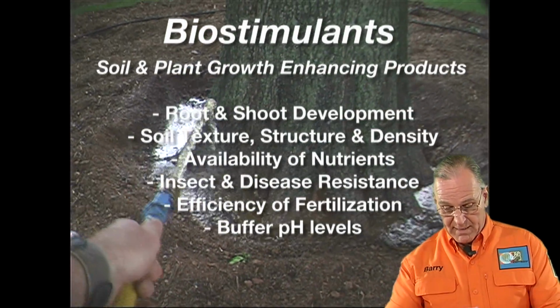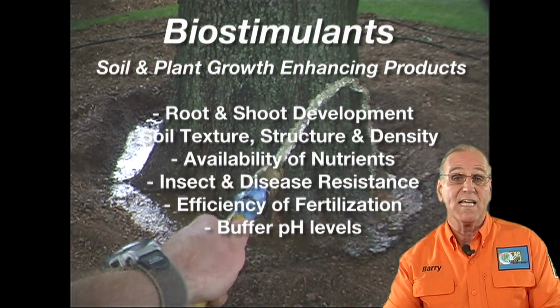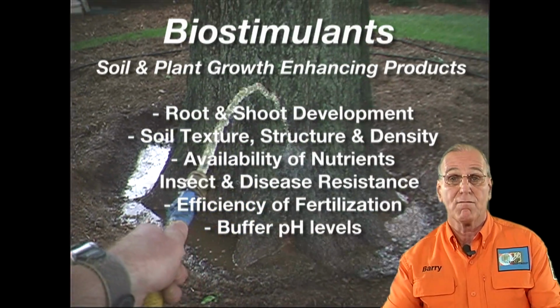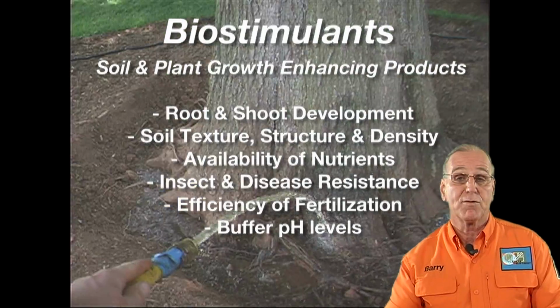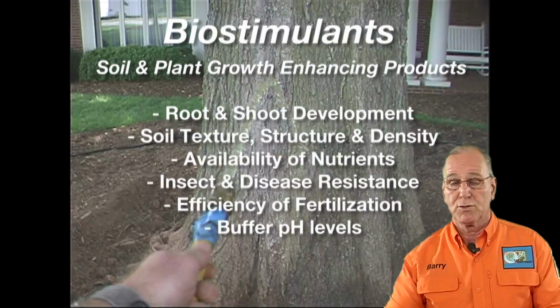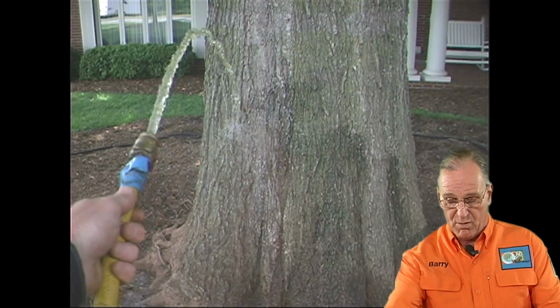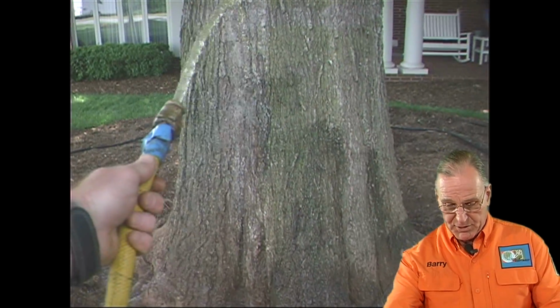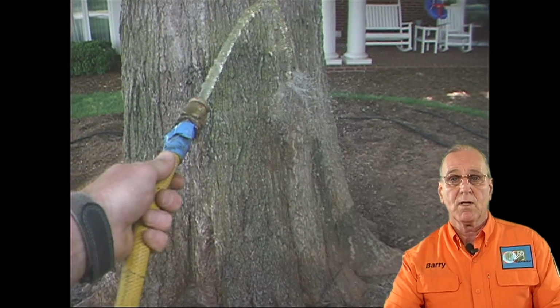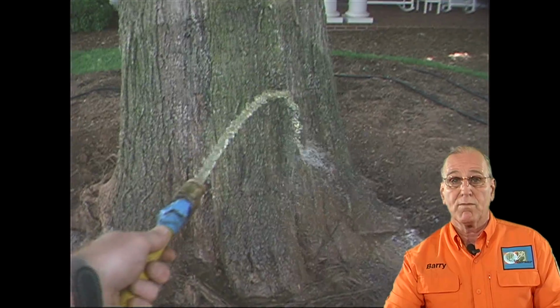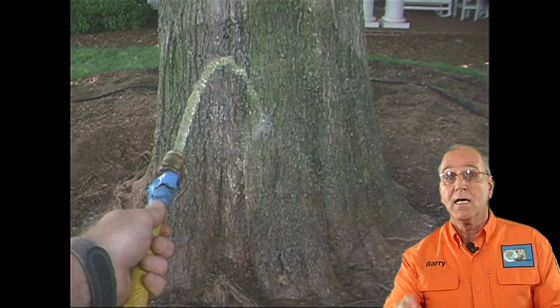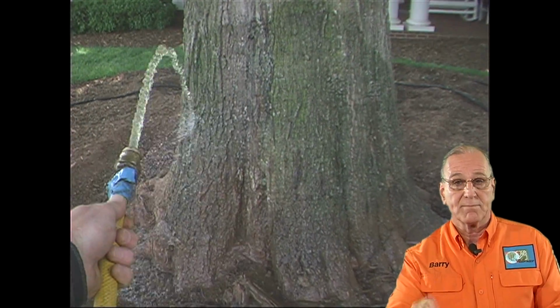Biostimulants named in this section will improve the efficiency of existing fertilization programs, and it buffers the pH, all of which we'll explain to you as we go on. But biostimulation is possible because of an ecosystem service that we refer to as nutrient cycling.